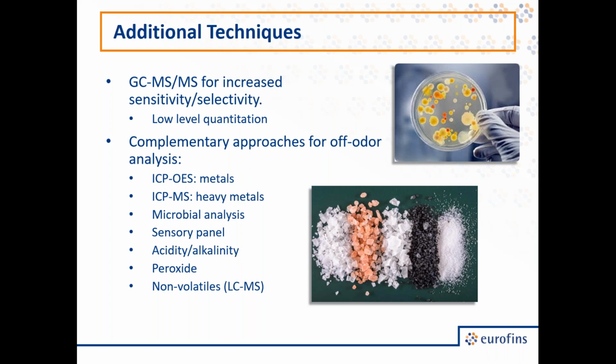We can also involve sensory panelists who can give an expert opinion on the properties of the samples. And we can look at acidity, alkalinity, and peroxide, which are all related to those sample properties. And then finally, we can look at non-volatiles using liquid chromatography. And that dye screen is just one example of a way that we could use liquid chromatography to further our investigation into the sample properties.